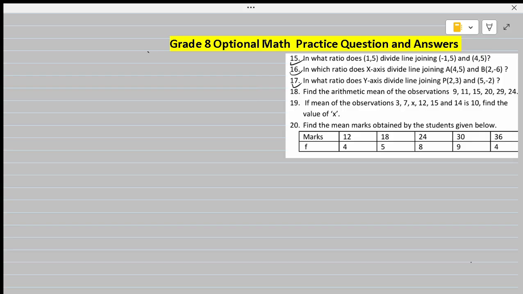Okay, so in 17 now: in what ratio does the y-axis divide the line joining P(2, 3) and Q(5, -2)?